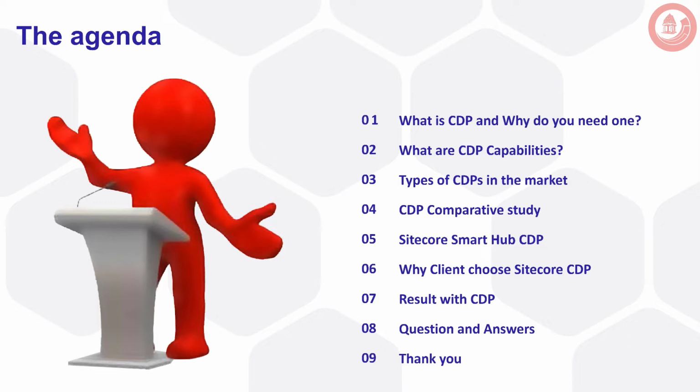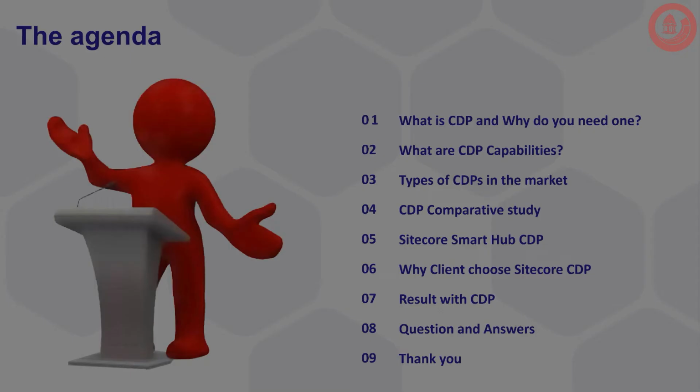I'll cover Sitecore as a Smart Hub, like why we are calling Sitecore a Smart Hub and why to go with Sitecore CDP, and then we'll see what could be the result of having Sitecore CDP and what benefit business can have out of it. At the later part, we'll have a question and answer round, and then we'll close the session with thanks.